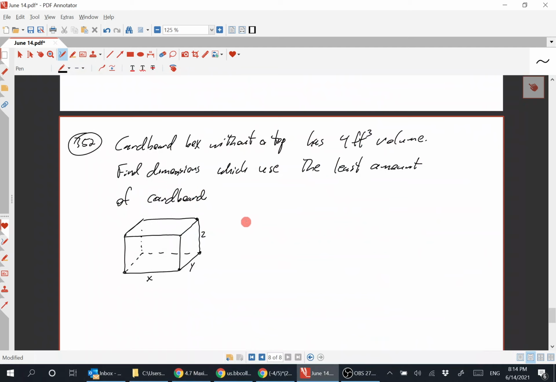So you have that X times Y times Z is 4. But we're trying to minimize the amount of cardboard used. Right?